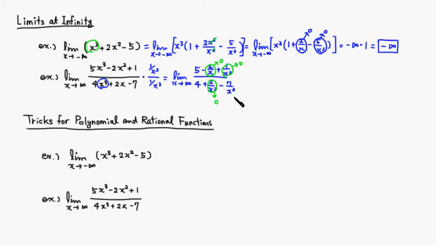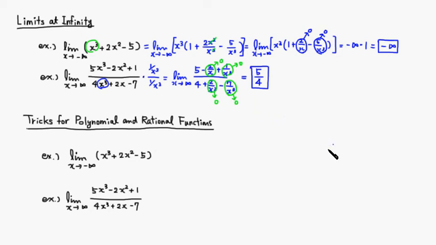Negative 7 over a very big number cubed approaches 0 as well. So what's left is only 5 on top and 4 on the bottom, and that's the limit.